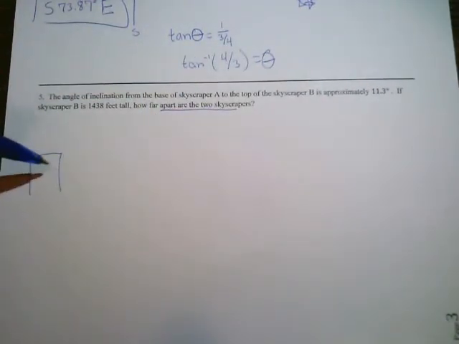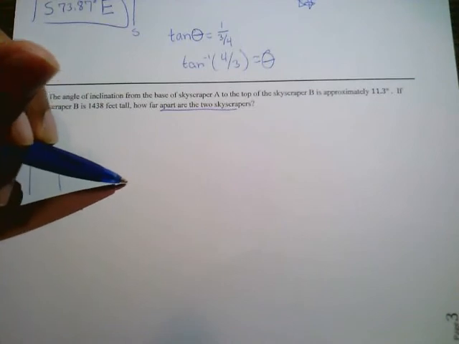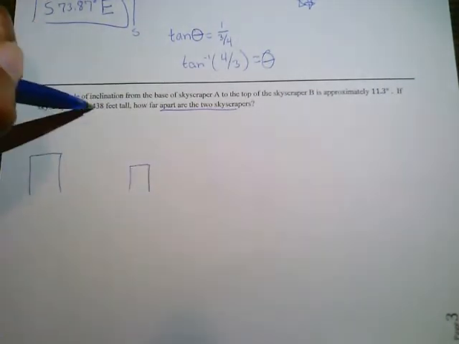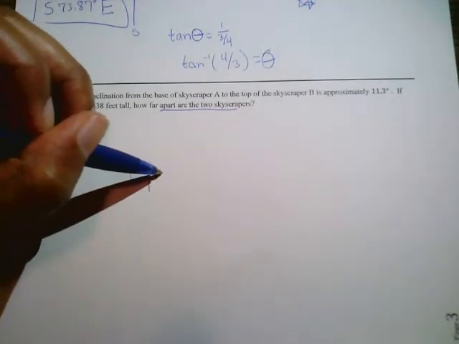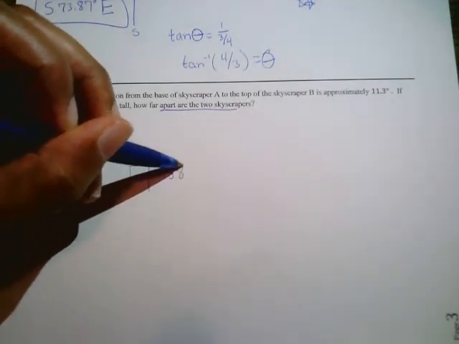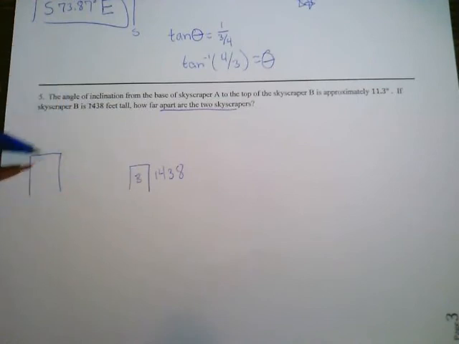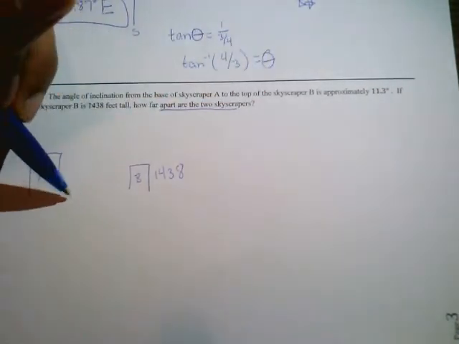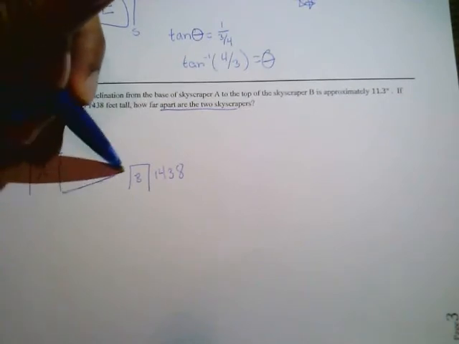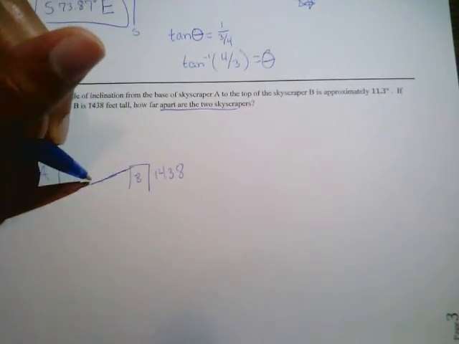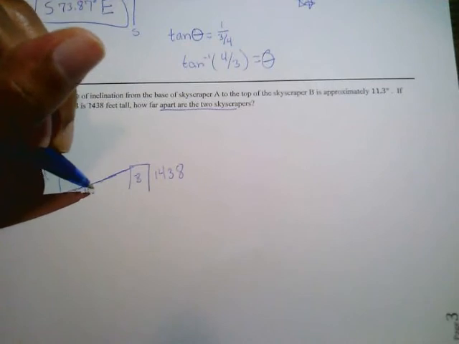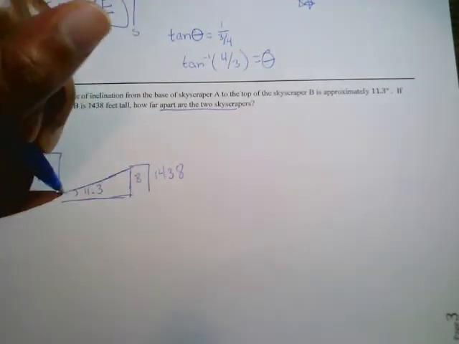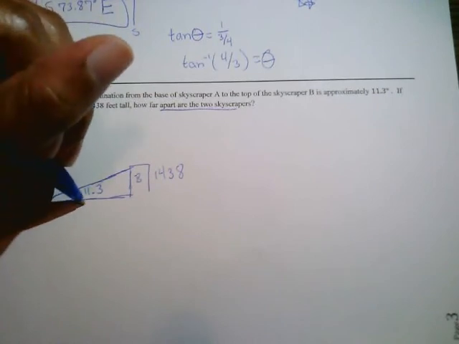Here is skyscraper A. Here is skyscraper B. And skyscraper B is a whopping 1438 feet tall. A is over here. The angle to the top of skyscraper B, so this angle here is 11.3 degrees. So we're looking for this distance.